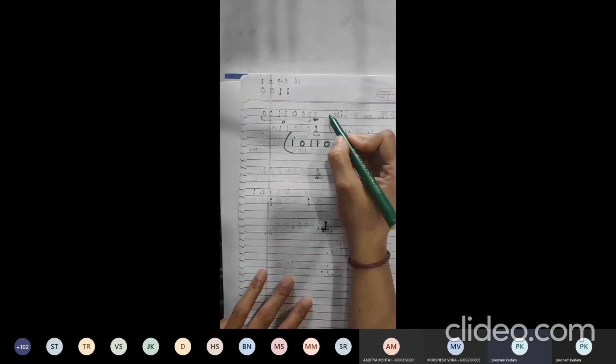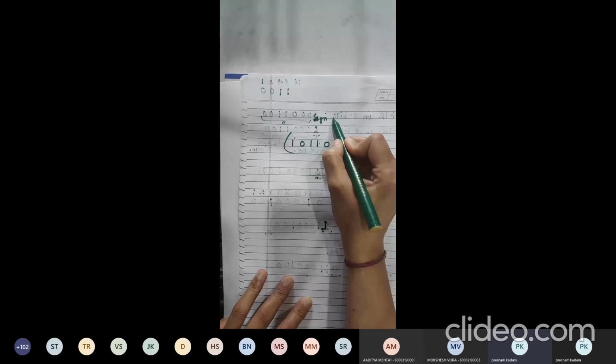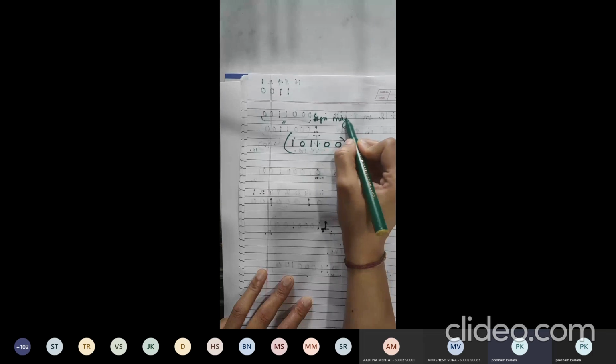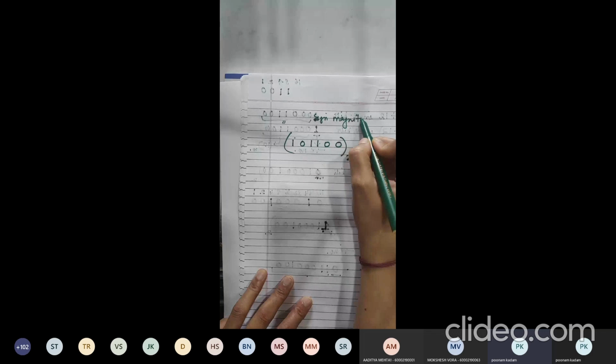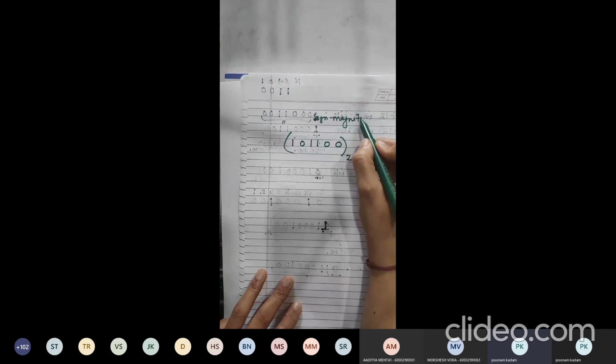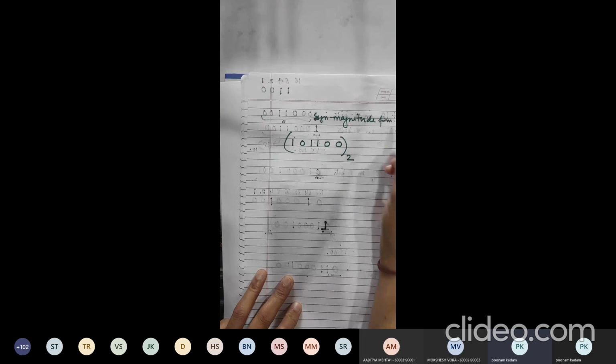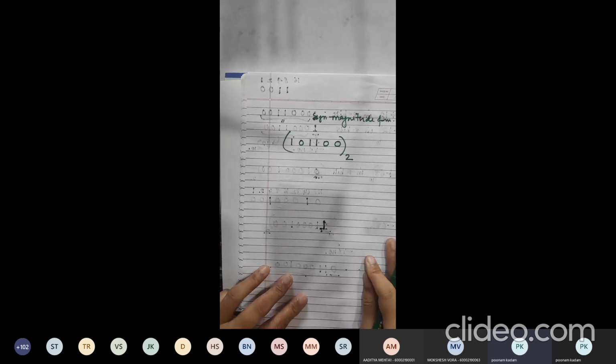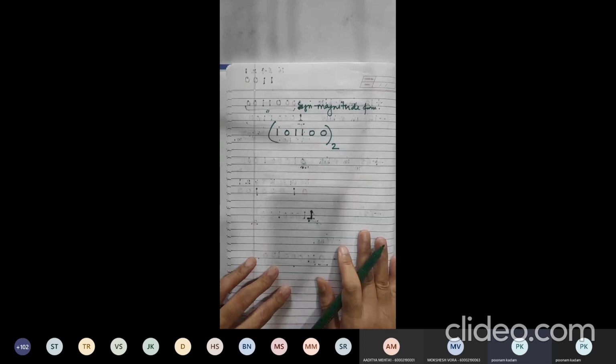Suppose this is the binary number sequence that is given to you, and it has been said that this is in sign magnitude form. Users will already know which kind of representation is used to represent the numbers.